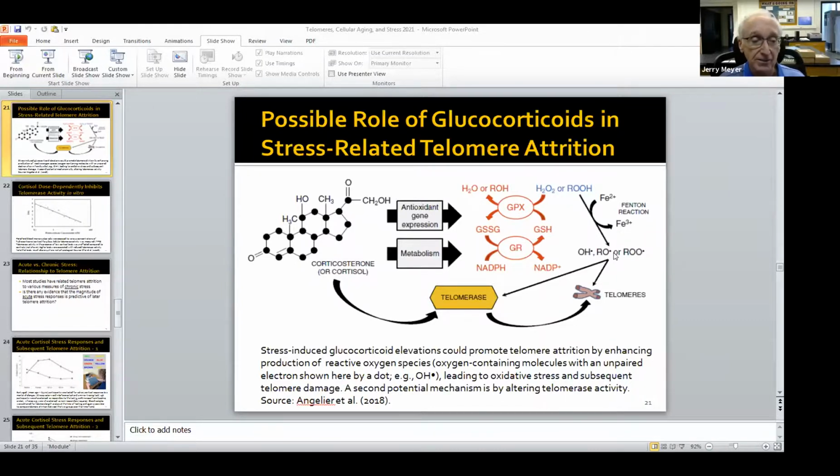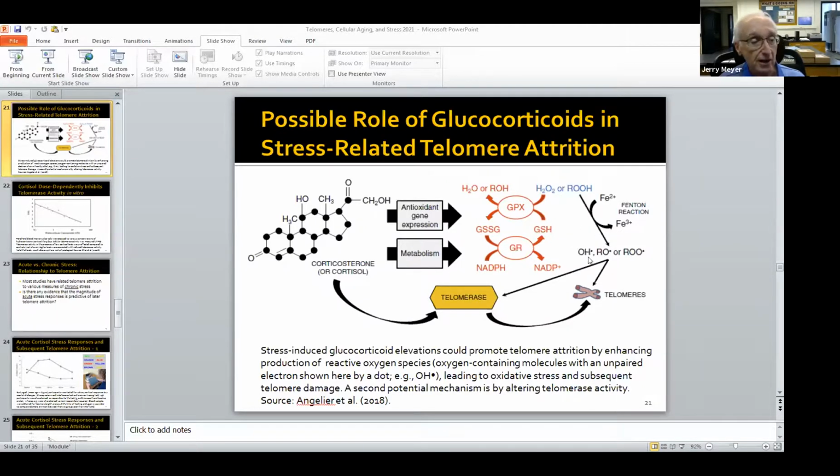They can damage various cellular constituents. They can damage nucleic acids like DNA and RNA. They can damage cellular proteins, and they can damage cell membranes by affecting lipids. They call it lipid peroxidation. So as you can see, all of those things are inimical to healthy cells.